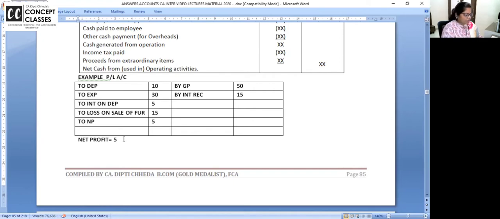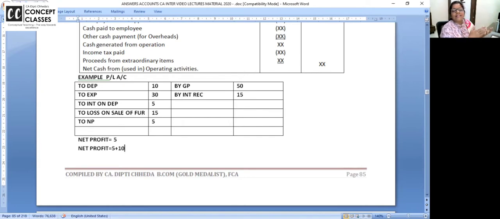So for cash profit, can I say net profit? I'm just doing it horizontal, but just see. Net profit is how much? 5. Add back depreciation. Depreciation is debited, but it's a non-cash expense.